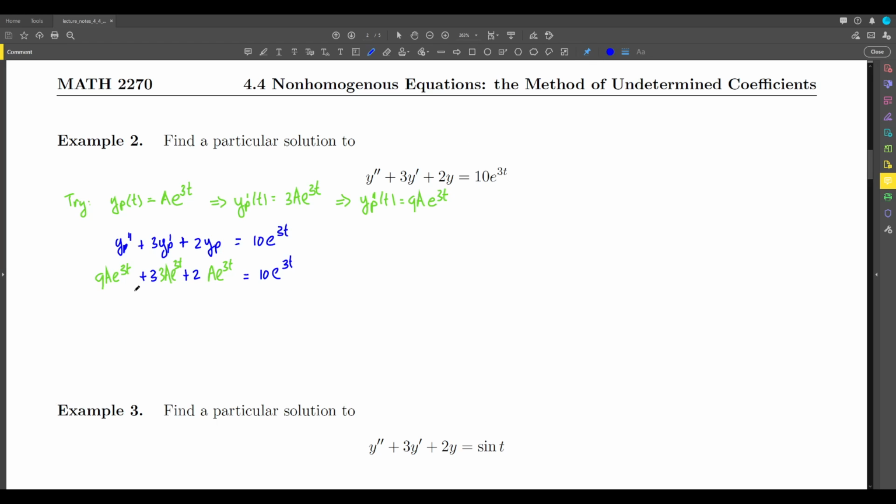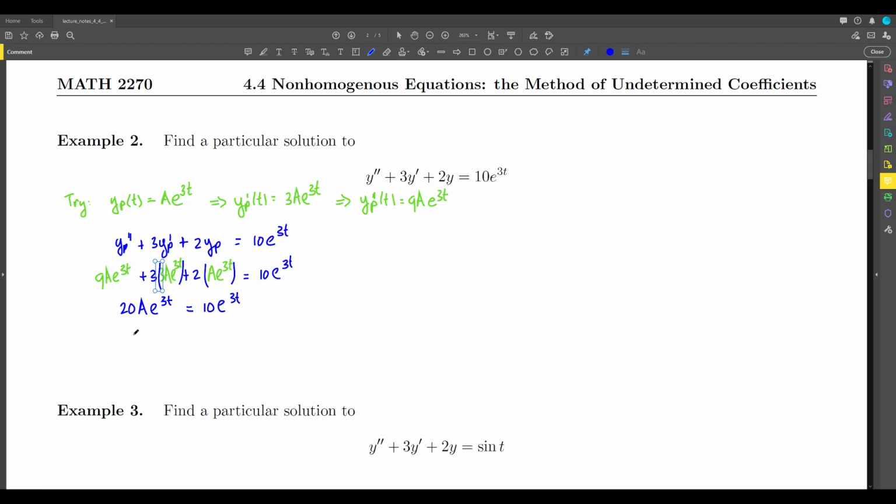So now let's again simplify that sum. On the left we have 9a plus 9a plus 2a. That's going to give us 20a e to the power 3t, and that should then equal 10 e to the power 3t.